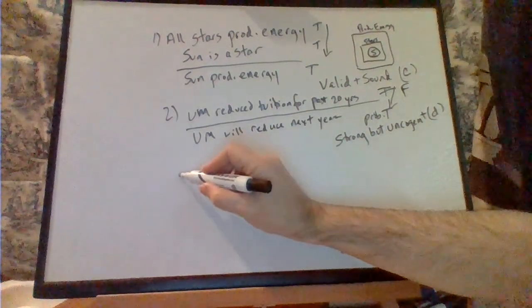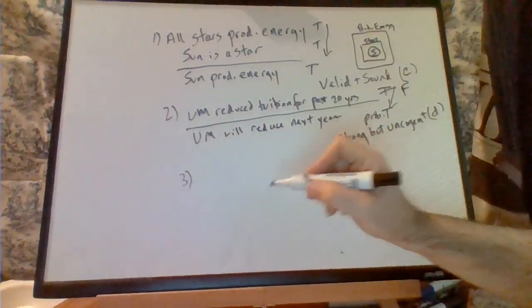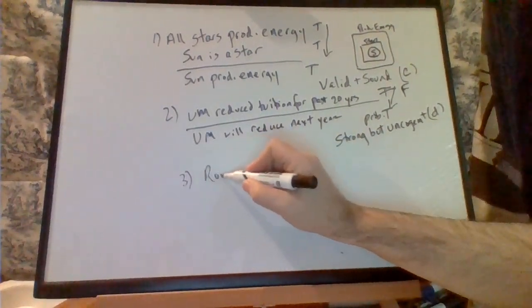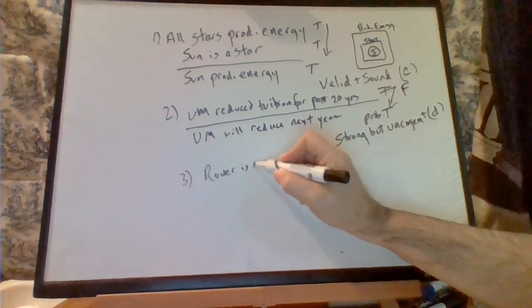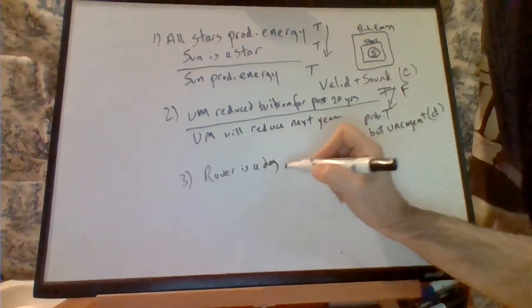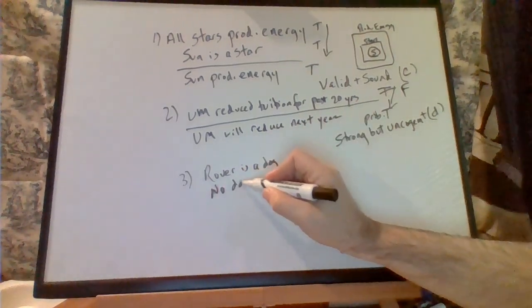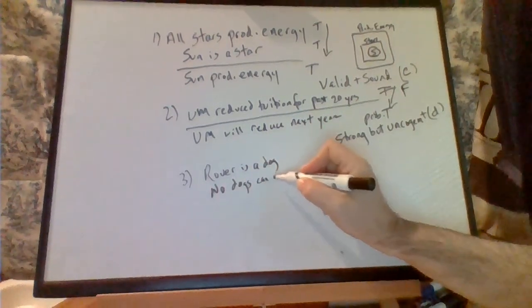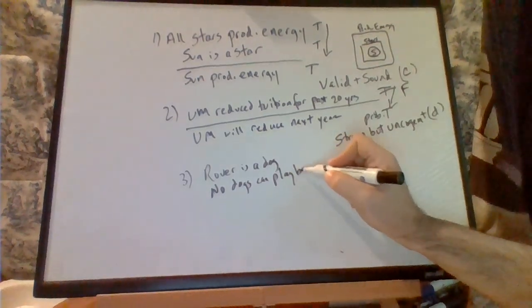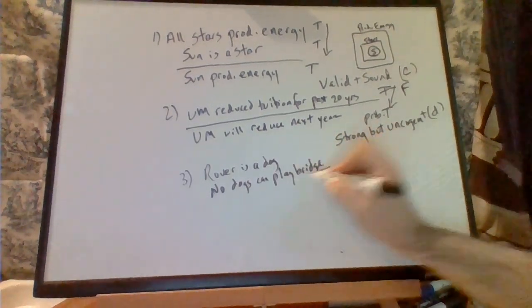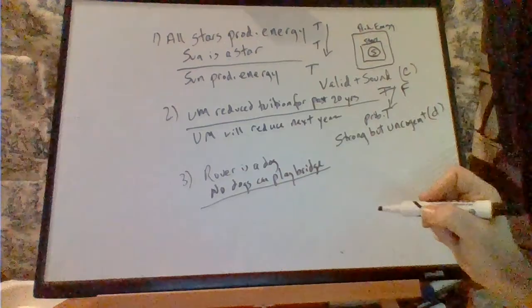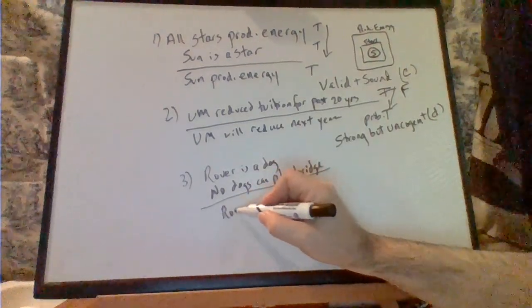One more. We've got Rover is a dog. No dogs can play bridge. Therefore, Rover cannot play bridge.